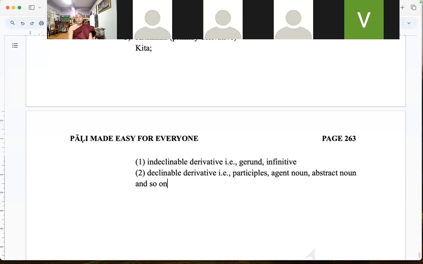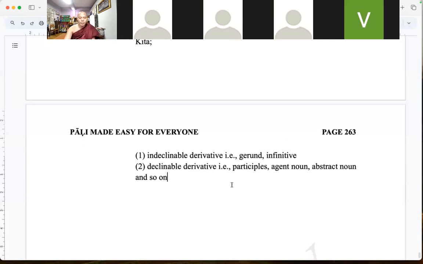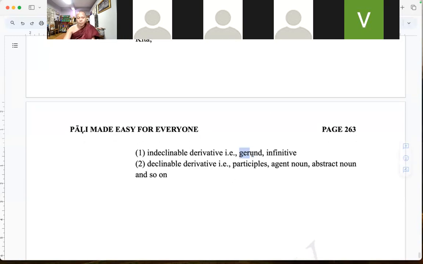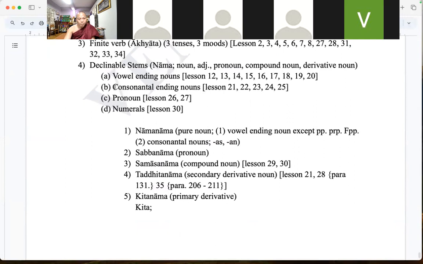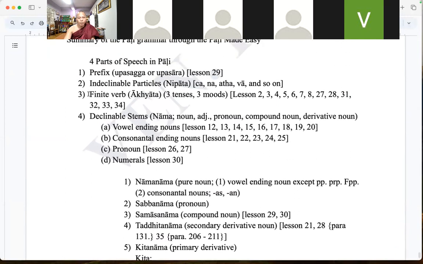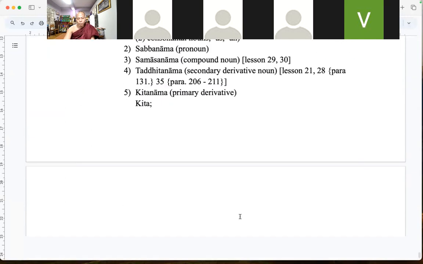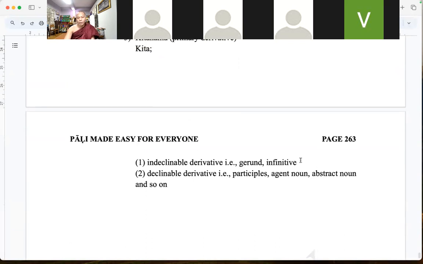So in this way, at that time, these indeclinables, the gerund, are also a kind of verb. So that is why we count it under the verb form. Okay. So those gerund and infinitive are in the Pali lesson 9.